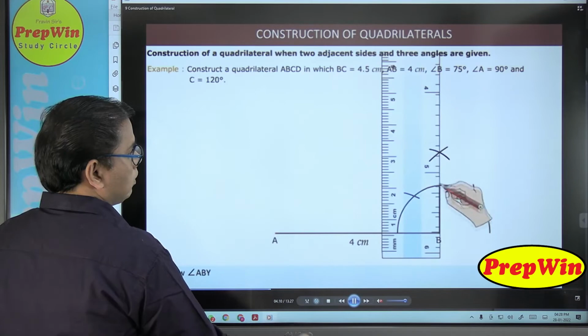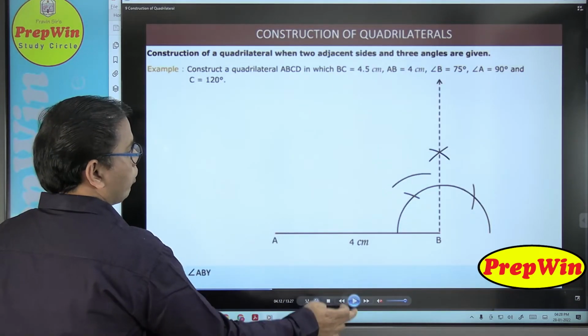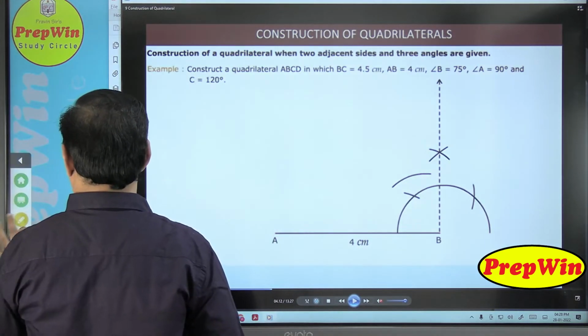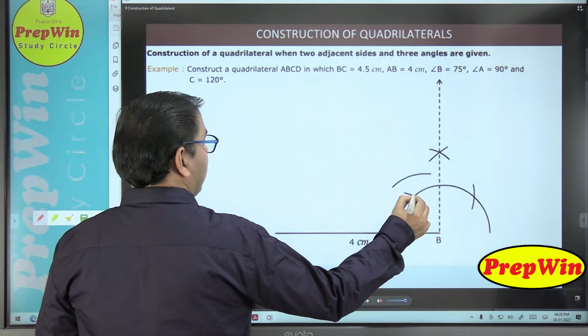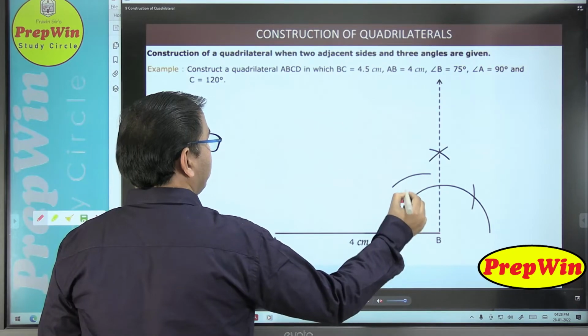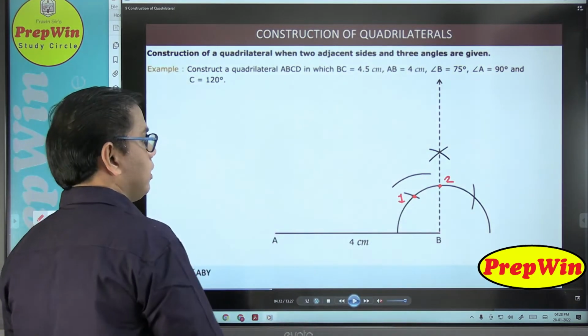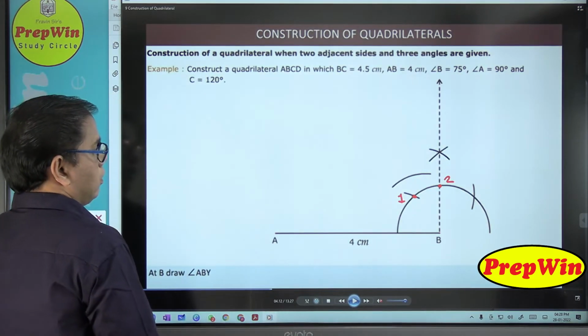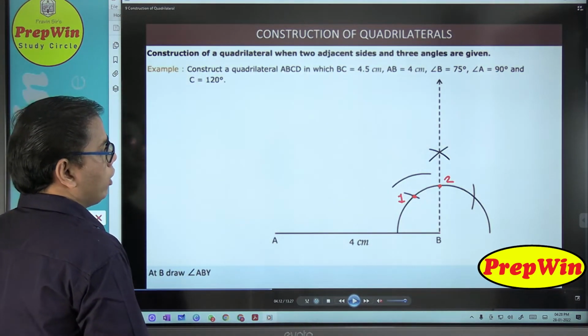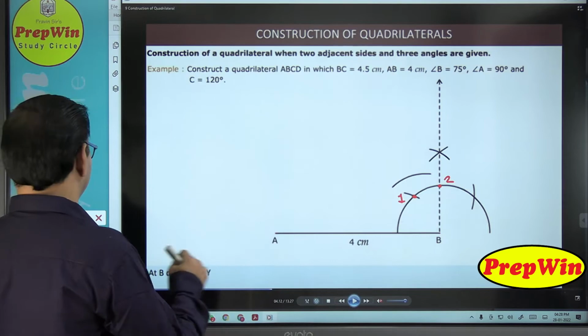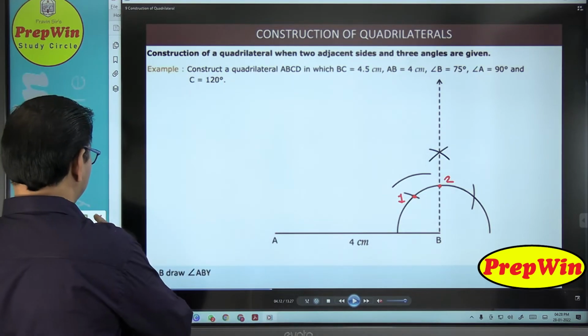Okay, so this is a line which we are going to take as a dotted line. Now see, from this point, this is point number 1. From here this arc is drawn, and from this second point we are going to cut this arc. So you are going to first place your pointer on 1, then draw the first arc, then the pointer will be shifted to 2 without changing the arrangement of your compass, and you will cut this arc.